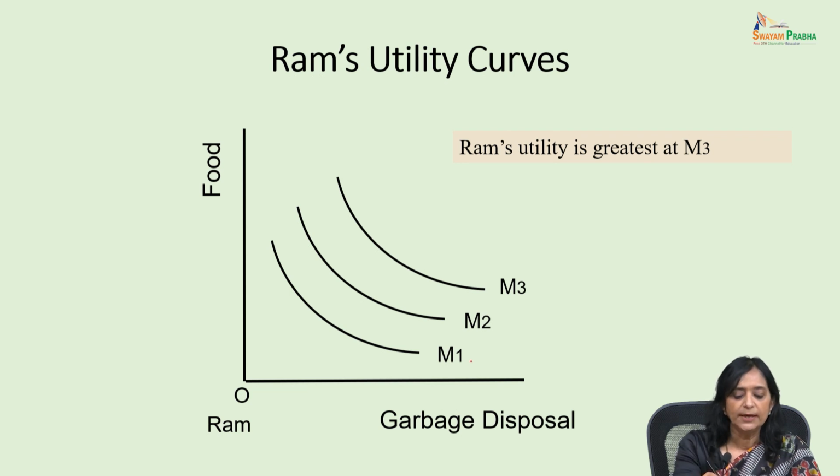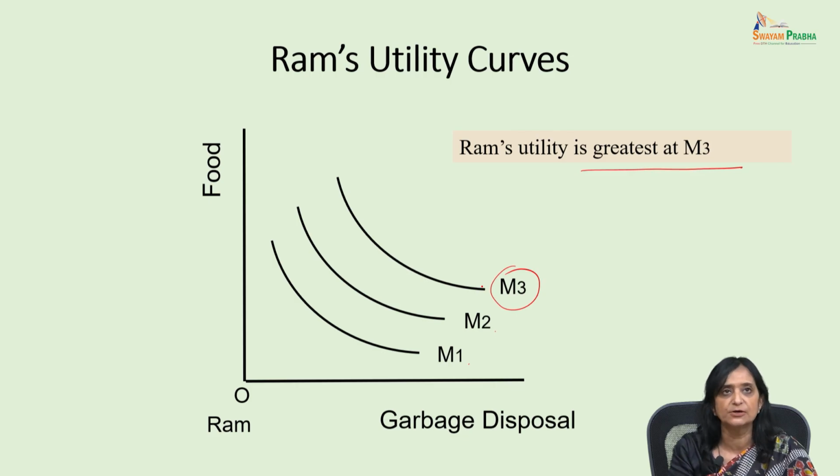M1, M2, M3 represent different levels of utility for Ram, and because a higher indifference curve shows higher utility, Ram's utility is greatest at M3, the highest indifference curve.